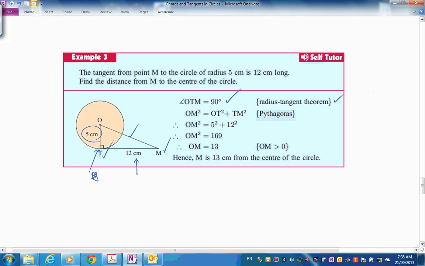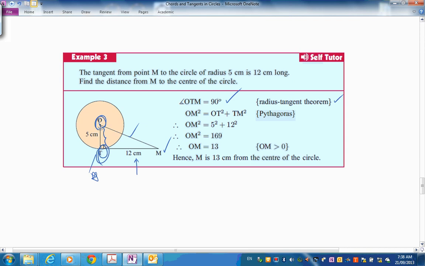In other words, the radius drawn to the point of contact, from the point of contact, so that's the radius there, is at 90 to the tangent. If you join the point of contact T to the centre, that's a radius, it's going to be perpendicular to the tangent.